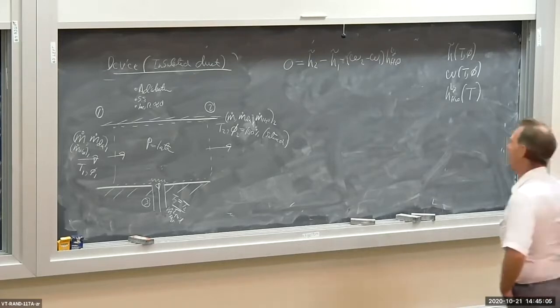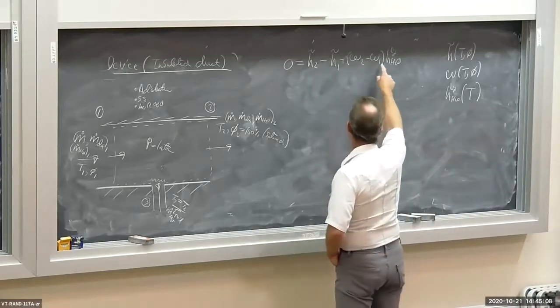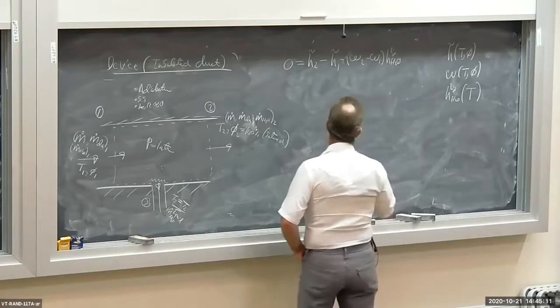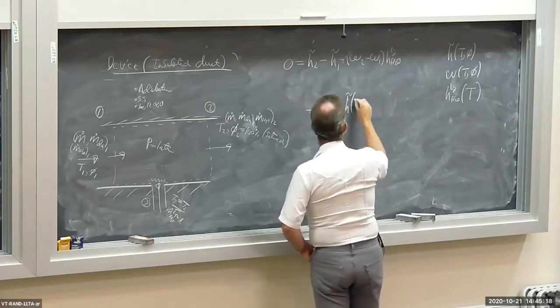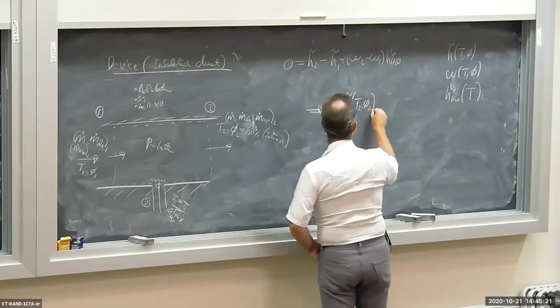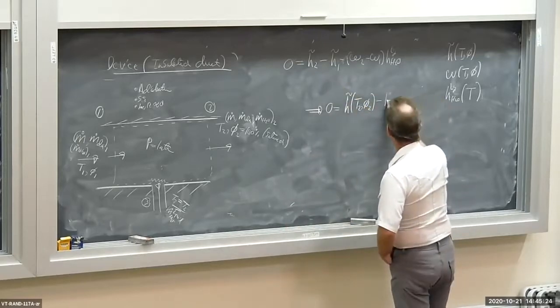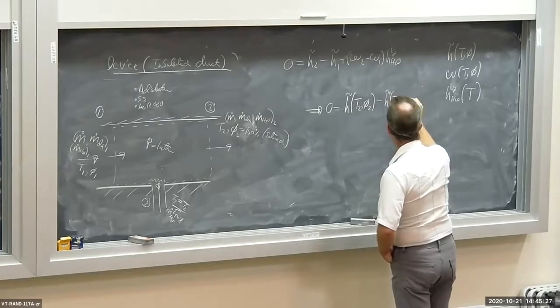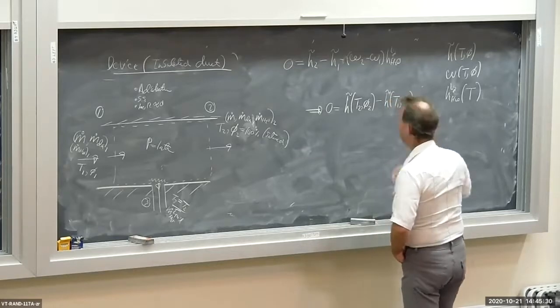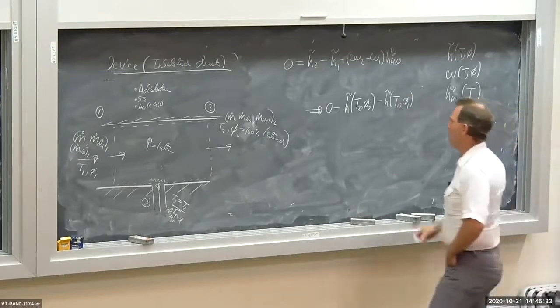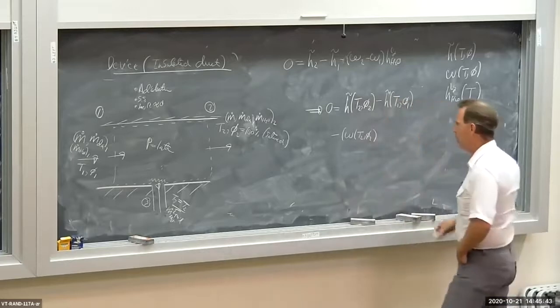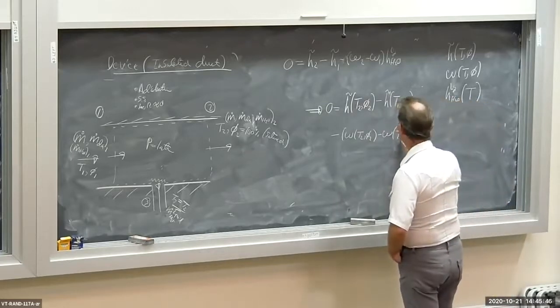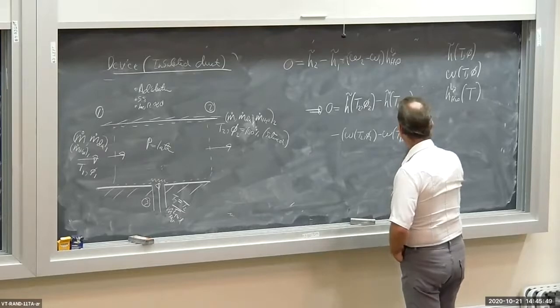So let's rewrite this equation, and I'm going to include the dependencies on temperature and relative humidity. 0 equals H tilde of T2 and relative humidity 2 minus H tilde of T1 and relative humidity 1 minus omega 2, which is a function of T2 and relative humidity 2, minus omega of T1 and relative humidity 1.